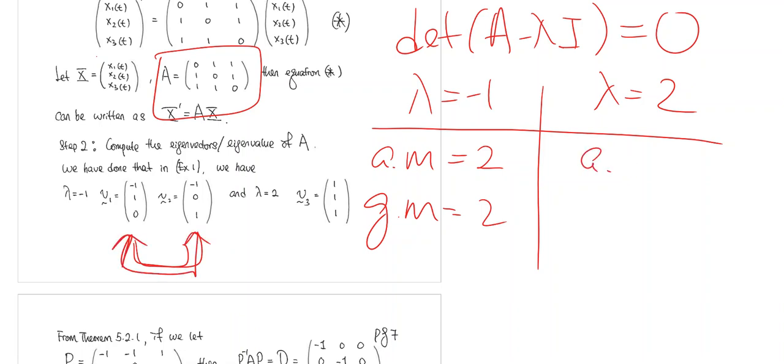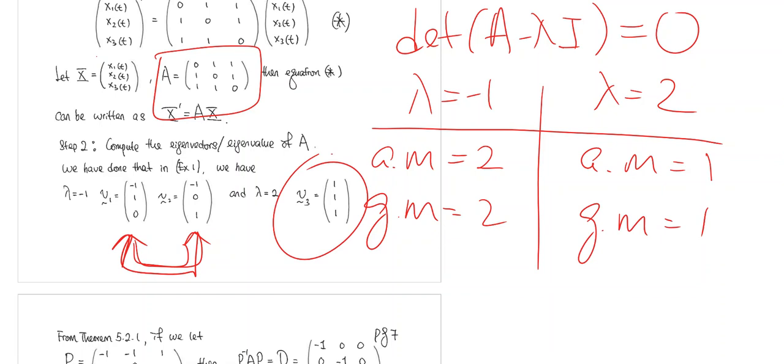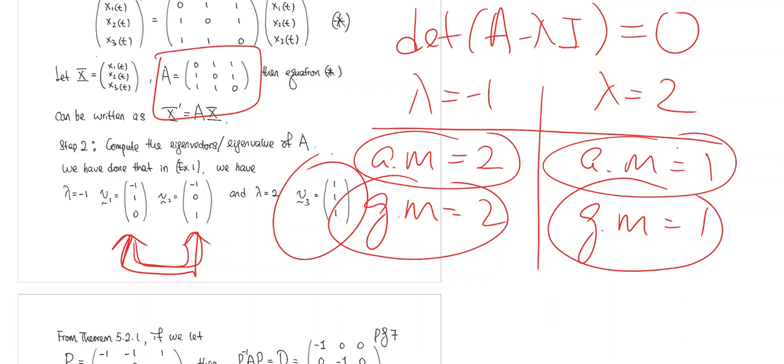Lambda equals 2 has algebraic multiplicity 1 and geometric multiplicity 1, and you can take this as the basis for this eigenspace. From the previous video, we know that the algebraic multiplicity and geometric multiplicity match. So we know that the matrix A is diagonalizable. We have enough independent eigenvectors to diagonalize it.